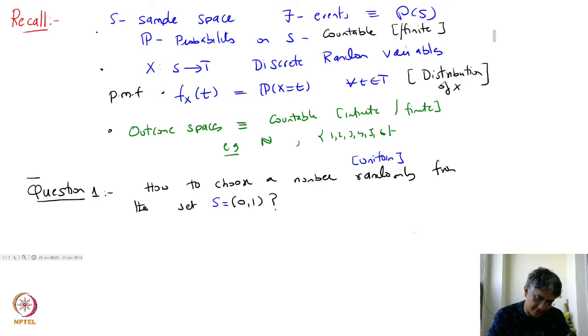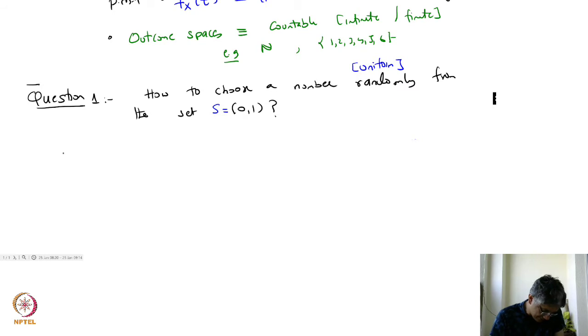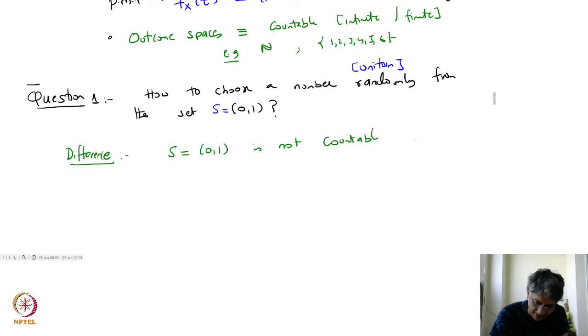Let me write that first difference: S equal to 0, 1 is not countable. There are uncountably many elements in 0, 1. There's no second element, no third element, no fourth element. There's not even a first element.